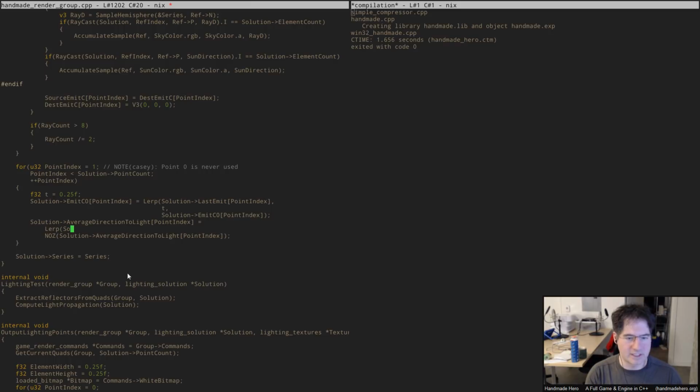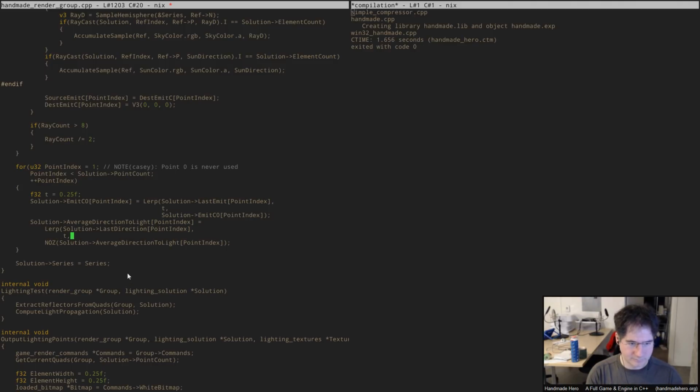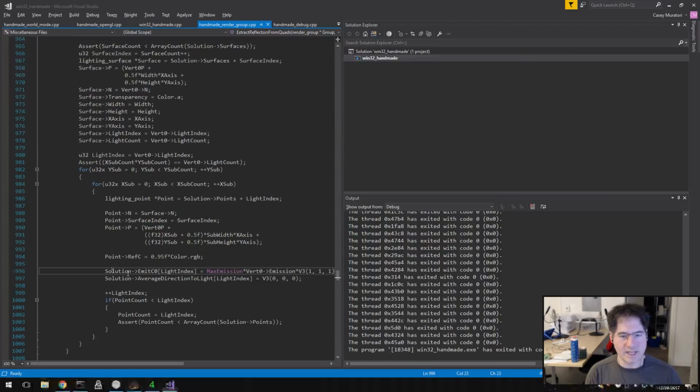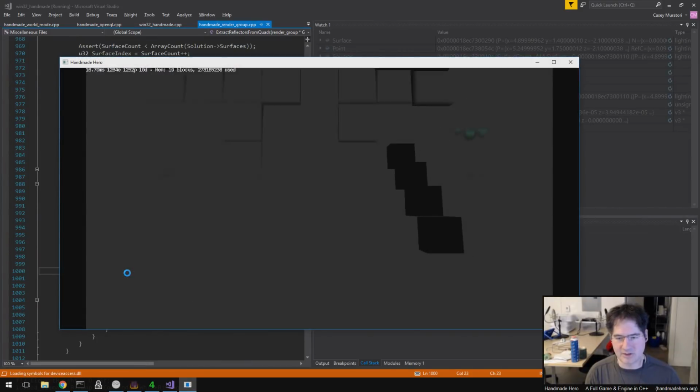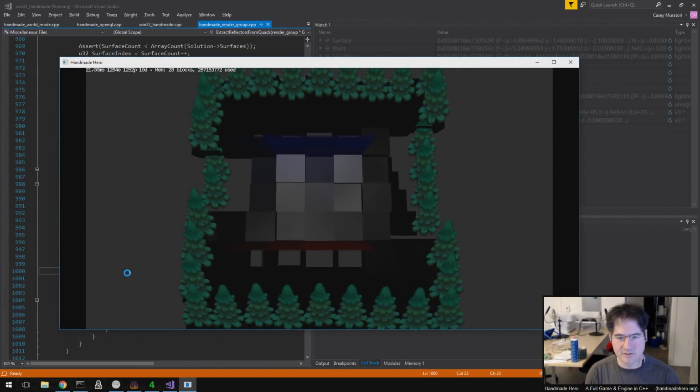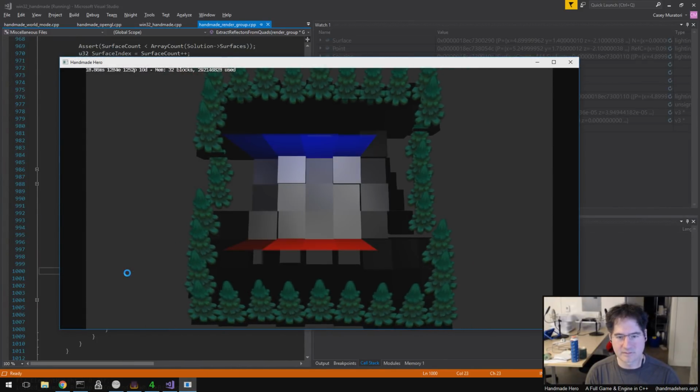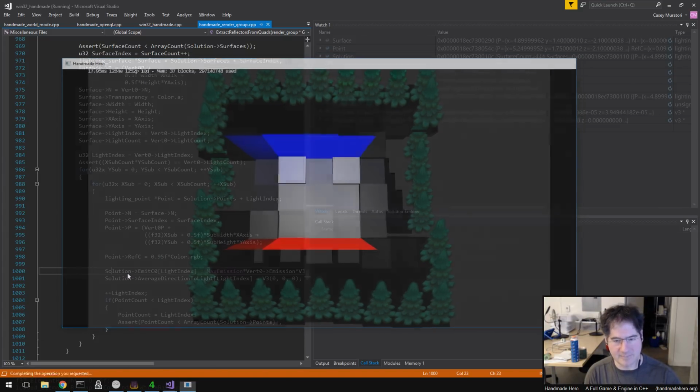We can say, all right, the solution's last direction will lerp towards the new light direction as well, and off we go. So now we should have 4 frames of lag on our lighting, I think. And that does look exactly like what happened.